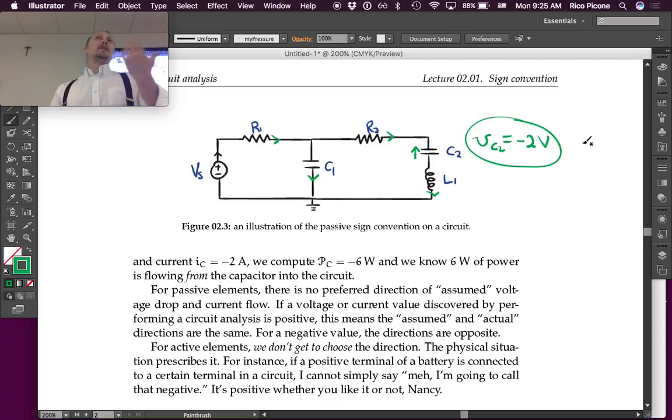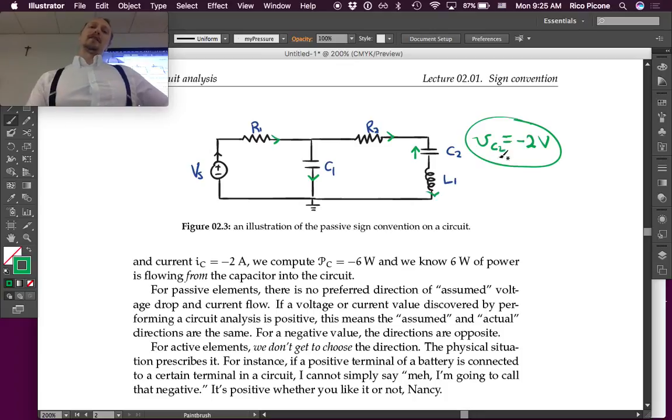We would interpret that as a drop in the opposite direction of the arrow. That's because it's a passive element, and our assumption was that it's dropping this direction, but it came out negative, which means it's actually dropping the other direction.